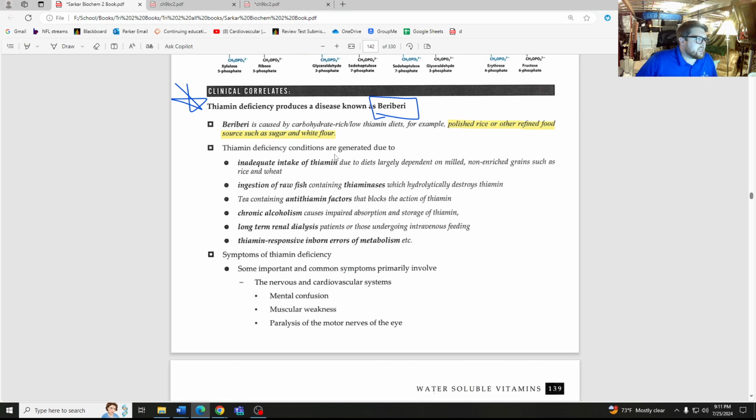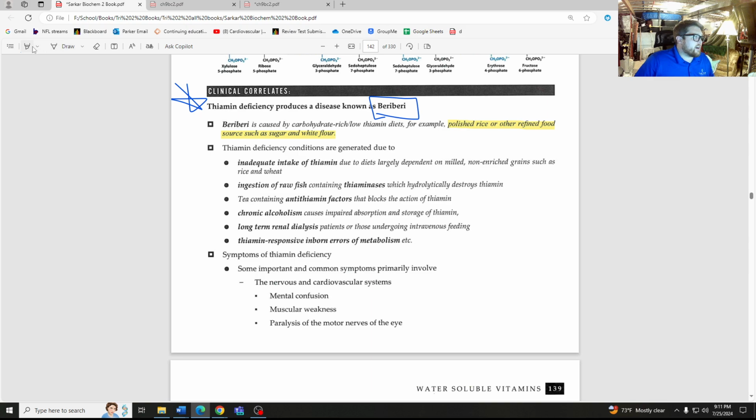The thiamine deficiency conditions are generated due to an inadequate intake of thiamine. So diets largely depend on milled, non-enriched grains such as rice and wheat, those heavily processed foods, white bread, white rice.